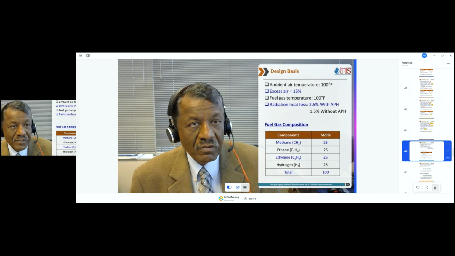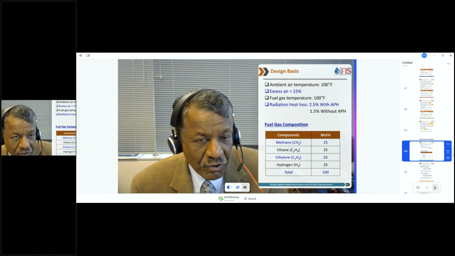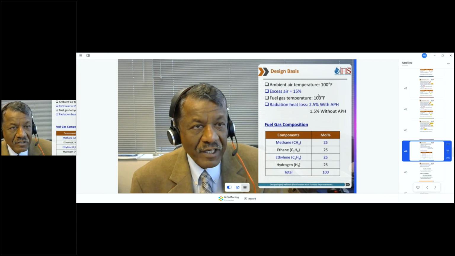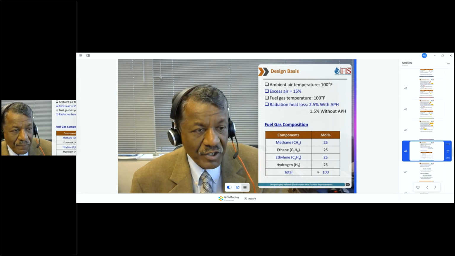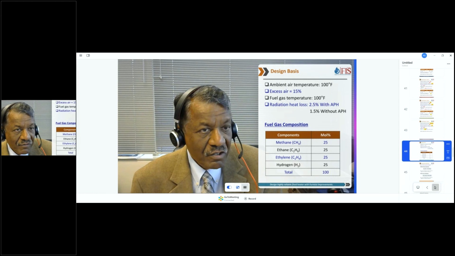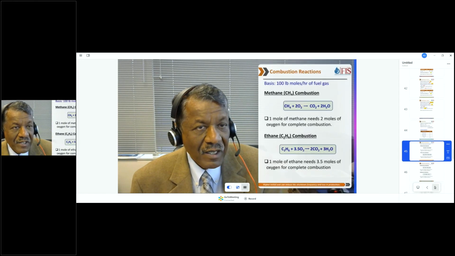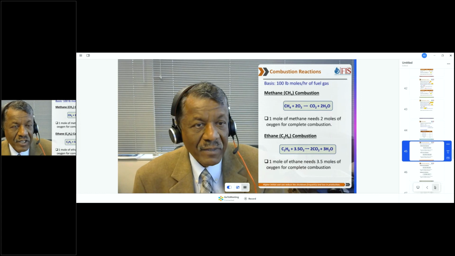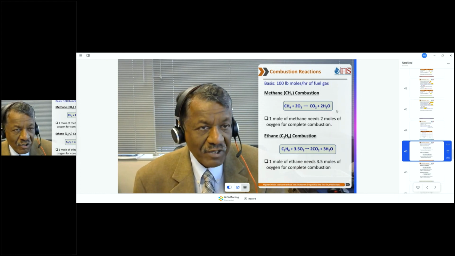So this is the problem which we wanted to talk about. And you can see we took methane, ethane, hydrogen combustion. So then we do the basic combustion calculations. Methane gets converted into carbon dioxide and water vapor.